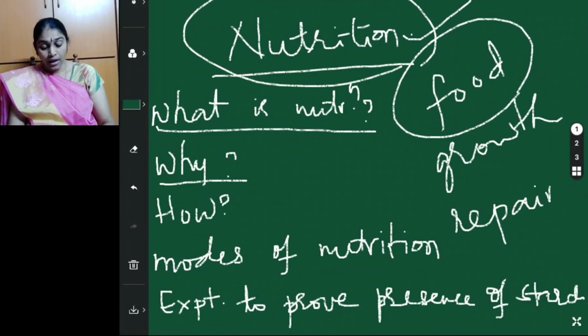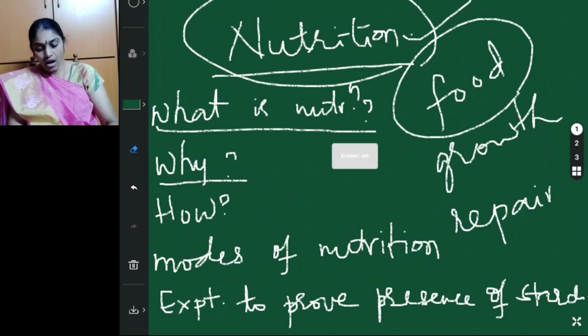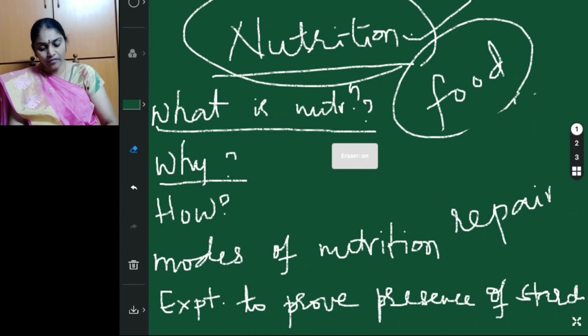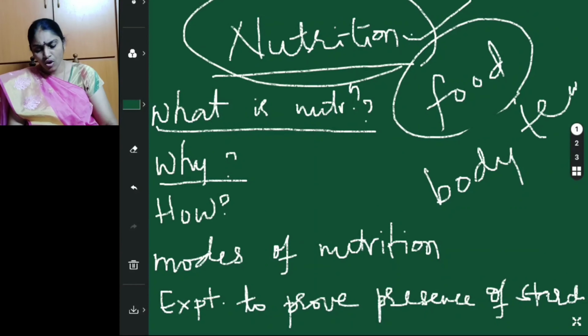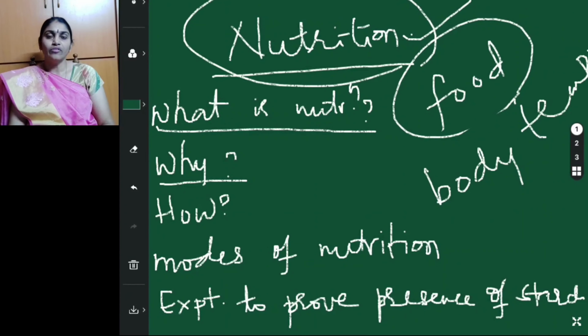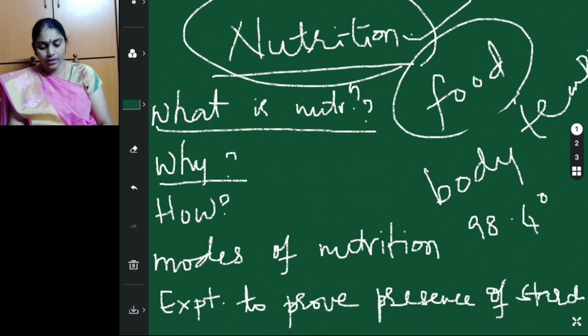And also, we are warm-blooded. Already we have learnt. What do you mean by warm-blooded? Warm-blooded are nothing but our body temperature remains constant. All the time, unless the feverish conditions, your body temperature remains constant, that is 98.4 degrees Fahrenheit or 98.7.